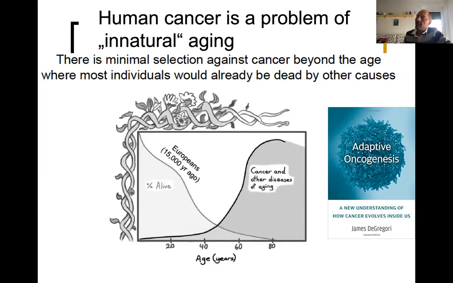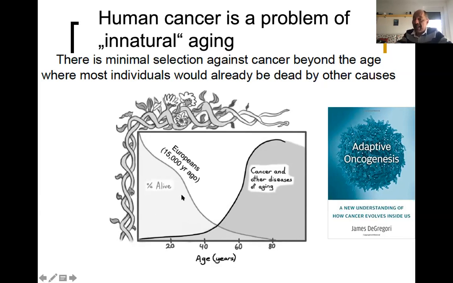It's called Adaptive Oncogenesis, where the essential hypothesis is that cancer is an evolutionary program, and it is the lack of pressure, the lack of control that we have after a certain age on the proliferation of the cell that causes cancer.